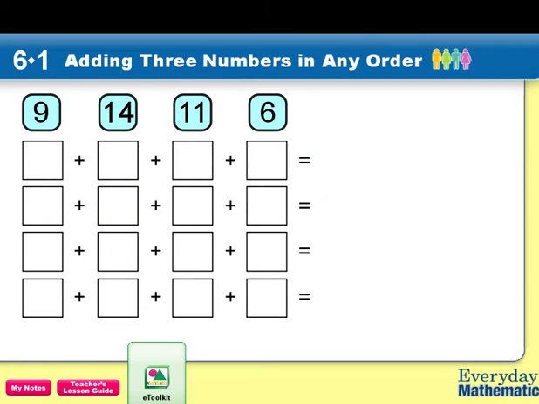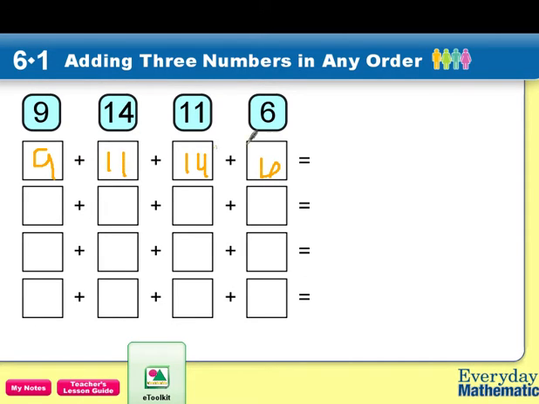Now, we can even up this. We can make them 4 add-ins. Now, this again looks hard. 9 plus 11 plus 14 plus 6. Remember, we want to make things that have a 0.